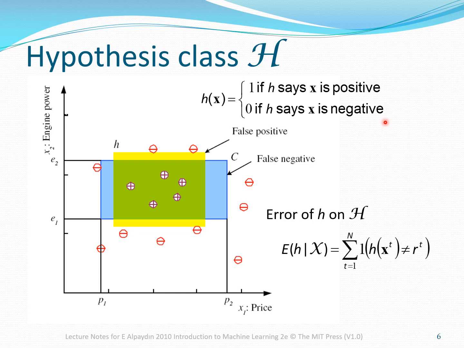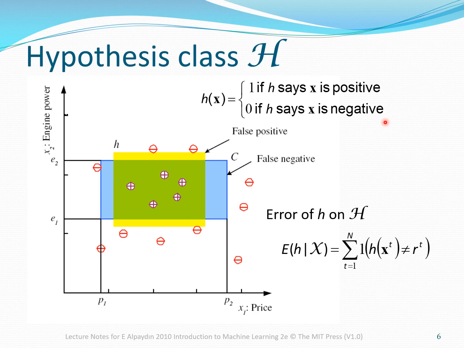In real life, we do not know C(x), so we cannot evaluate how much h(x) matches C(x). What we have is a training set X, which is a small subset of the set of all possible x.